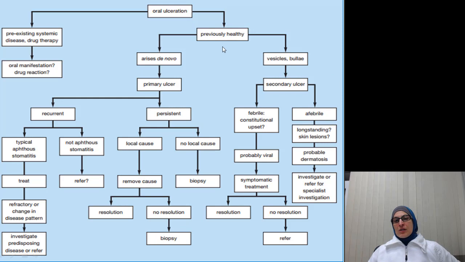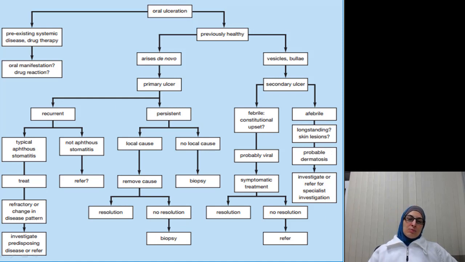If the ulcer was preceded by a vesicle or bulla, and the bulla ruptured, and then an ulcer appeared after the rupture, it might be a viral infection if there is fever or malaise associated. If there is no fever or malaise and it has been there for a while, I would think more of a vesiculobullous disease.